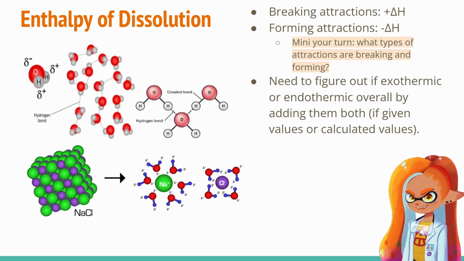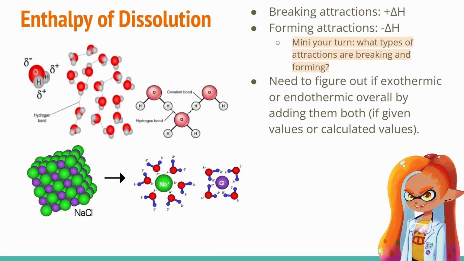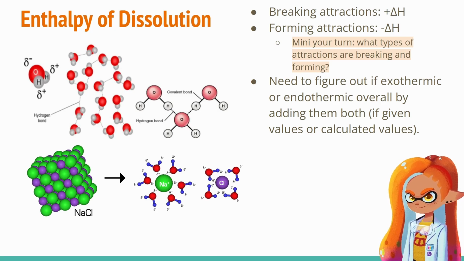But from just looking at this, you would not necessarily know if overall this is positive or negative, because again, there's different values for breaking attraction versus forming, who's involved, what species is involved, and so on.